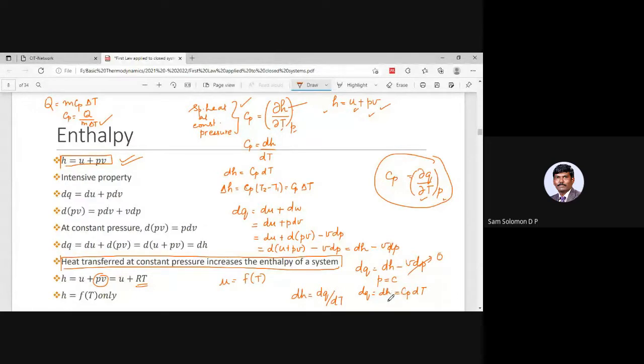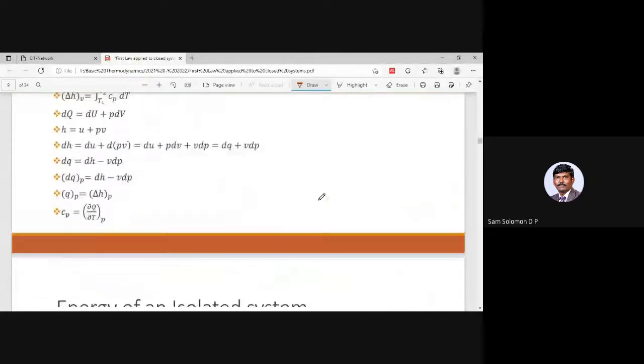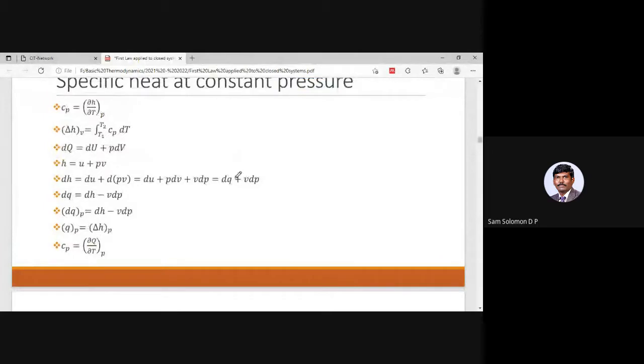So we are replacing dH with Cp times dT. So we are comparing dq and Cp times dT. So your Cp is dq by dT. So Cp is partial q partial T at constant p. And so you have to represent Cp in terms of H and not in terms of Q. Just like what we said in case of Cv, we are saying it in terms of Cp as well. Whatever we have done there, we have done over here. So this is the correct form of representation, and this guy is technically wrong.